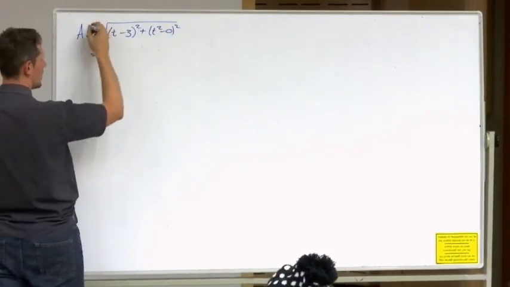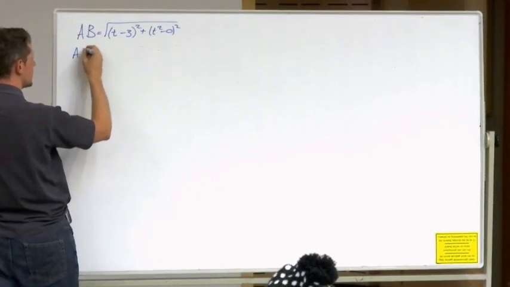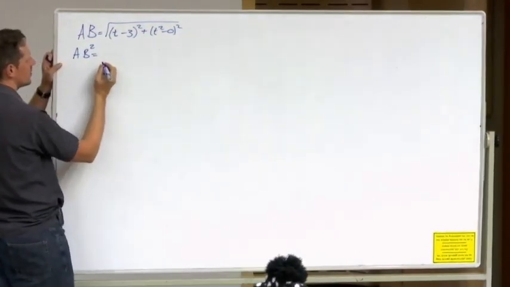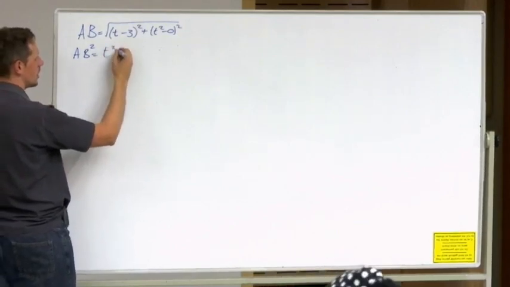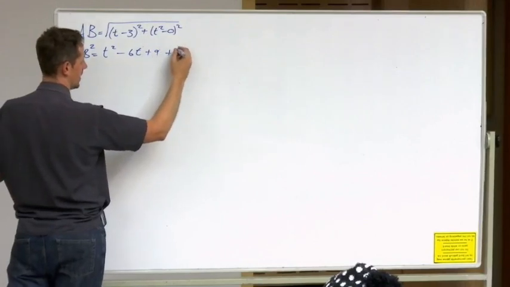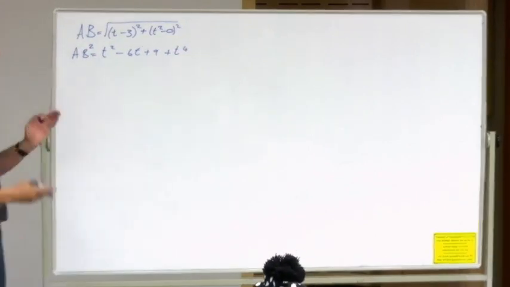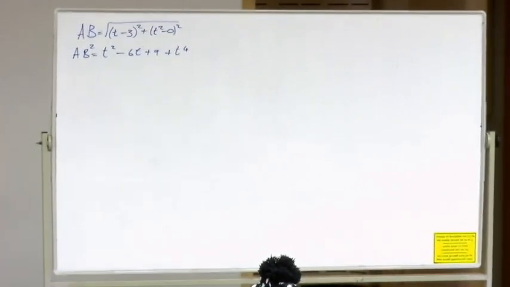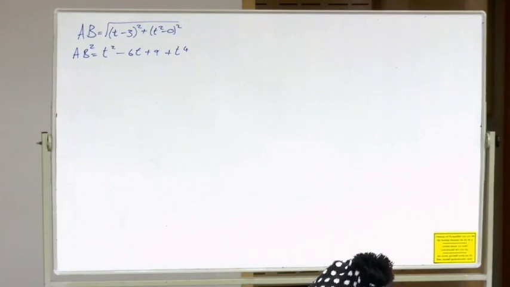If I square both sides, it gives me AB squared. If I multiply these out, it gives me t squared minus 6t plus 9 plus t to the 4. And there I have number 1 done. Okay? This specific one might be like 1 or 2 marks.